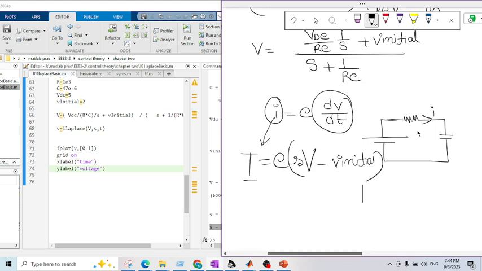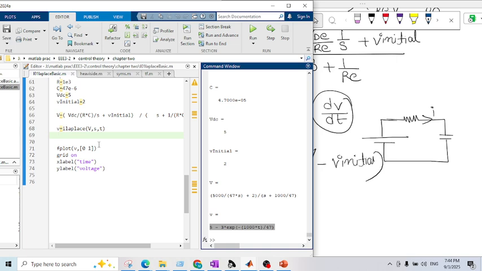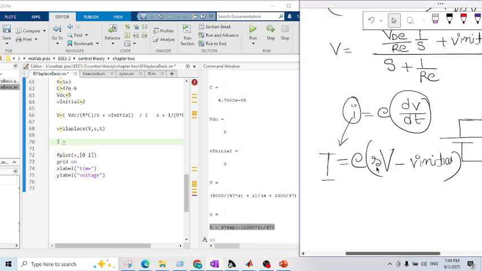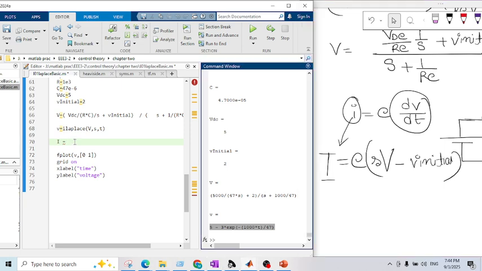Well, so now let's make this equation in our code here. So I is equal to C, then s into capital V minus V initial.